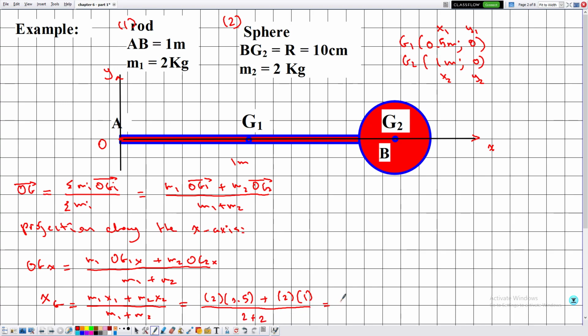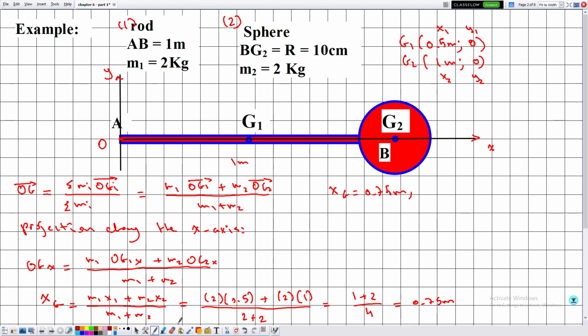This is equal to 1 plus 2 divided by 4, which is equal to 0.75 meters. Let me check. Yes. So we have that x_G is equal to 0.75 meters.